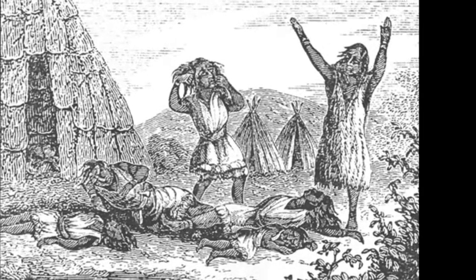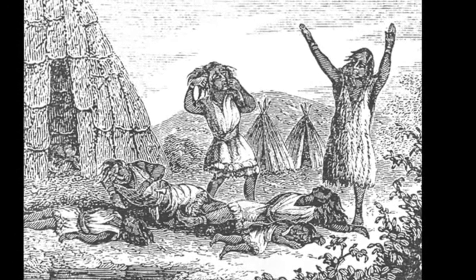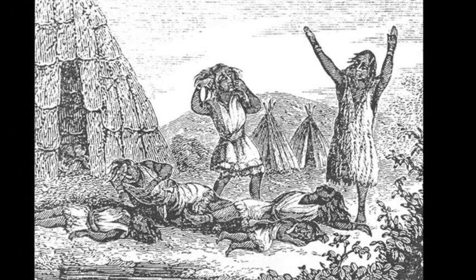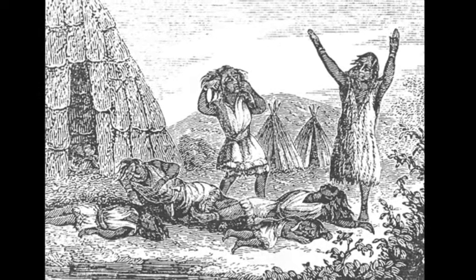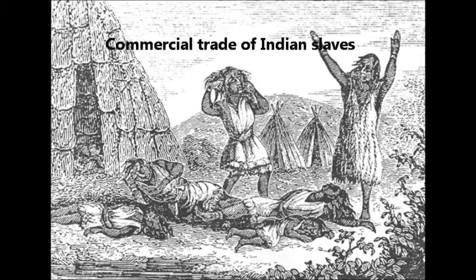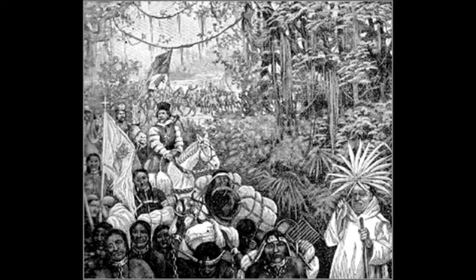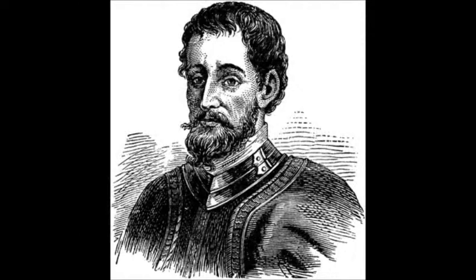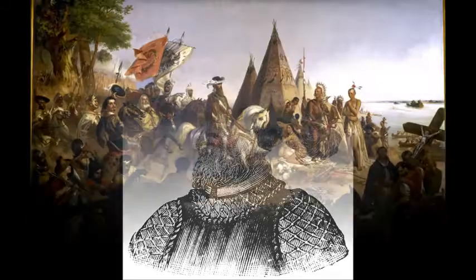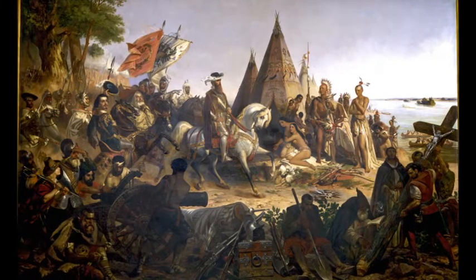Although many attribute the demise of many native people to diseases that they did not have natural immunities to, one must examine forces other than disease, in particular the commercial trade in Indian slaves, to the termination of many southern clans, tribes, and chiefdoms. During exploring expeditions in America, leaders like Hernando de Soto and Ponce de Leon needed a means to reward the services of their soldiers.